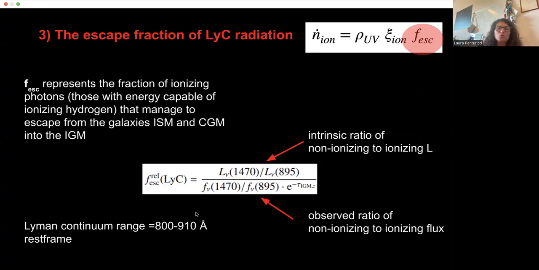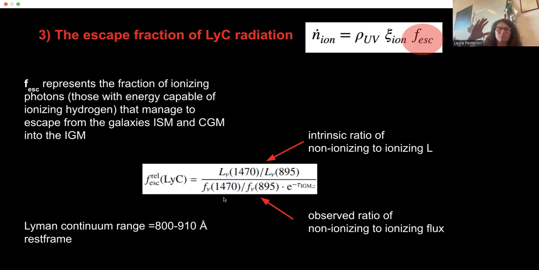So basically you try to observe this flux. You have to observe the flux at 900 angstrom rest frame, and then you also need to model the intrinsic flux. The bottom part is observed quantities, and the top part is intrinsic quantities. The bottom part you can observe.